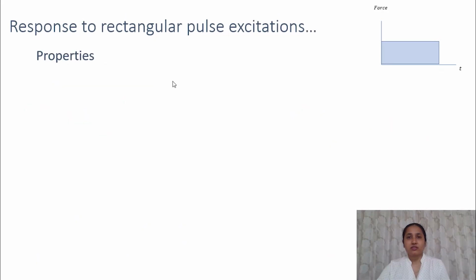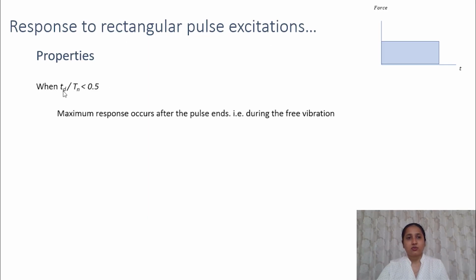So based on the results we have seen so far, we can conclude the properties of the response of a system to rectangular pulse excitations. So we have seen that when this Td by Tn is less than half, the maximum response occurs after the pulse ends. That is, the maximum response is during the free vibration.